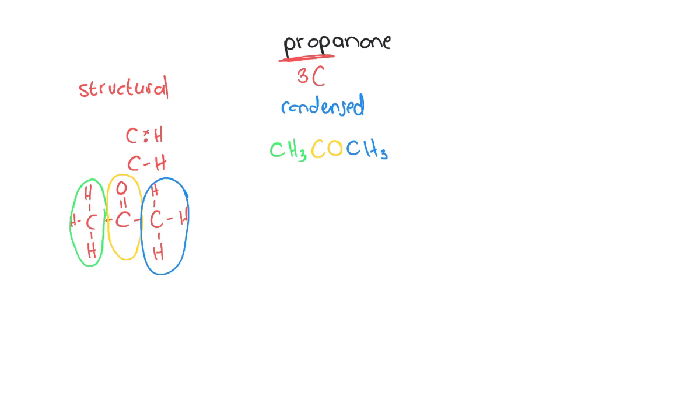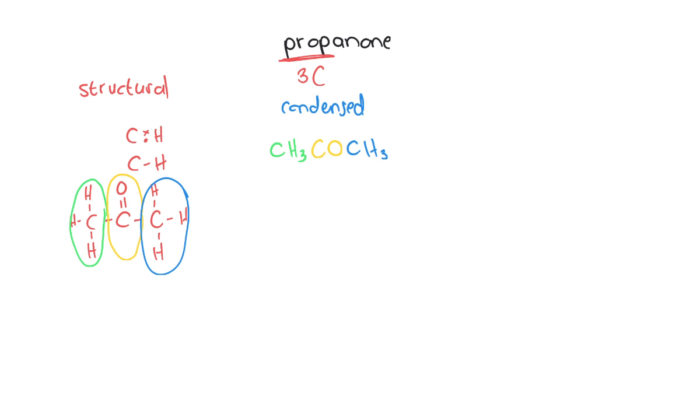So that's basically the condensed structural formula. You still show which atoms are bonded to which atom. So I know, for example, this carbon is bonded to an oxygen and 2 carbons on the sides of it, and then the oxygen double bond. So you just omit the bonds over there.